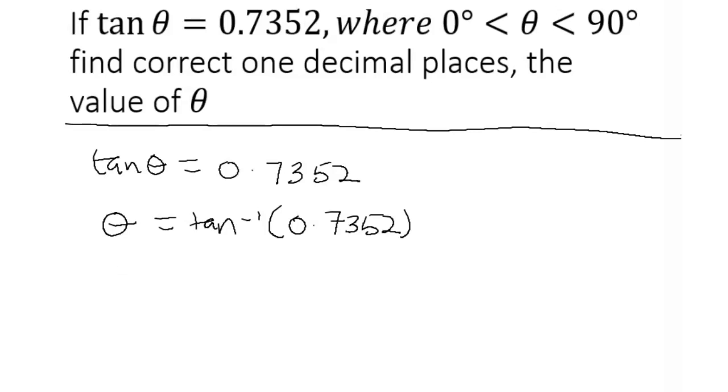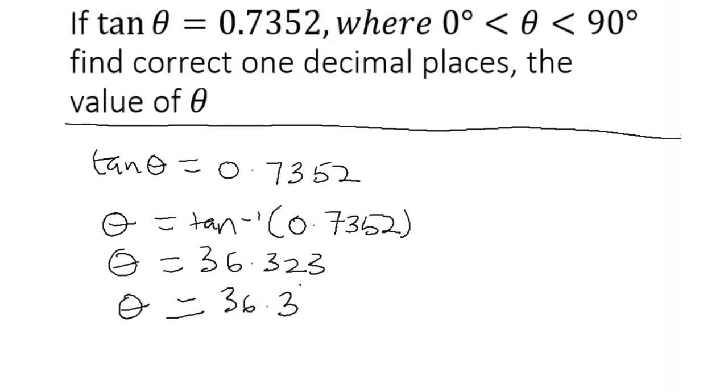So you go to the calculator, press shift before you press tan, and tan inverse will come, tan inverse of 0.7352, and the answer is 36.323. Now bear in mind that we are supposed to correct our answer to one decimal place. So theta is equal to 36.3 degrees.